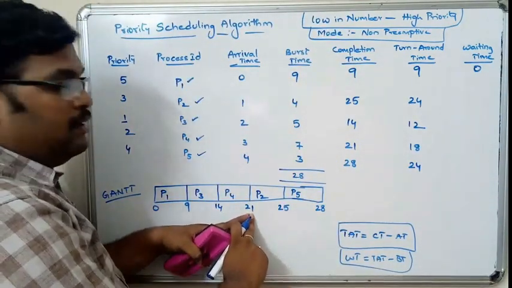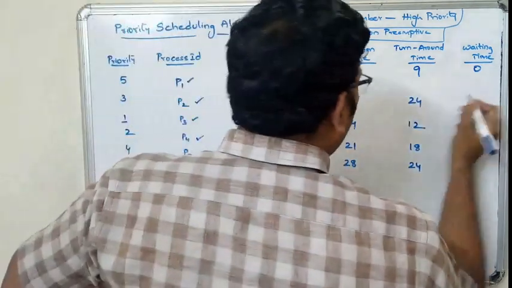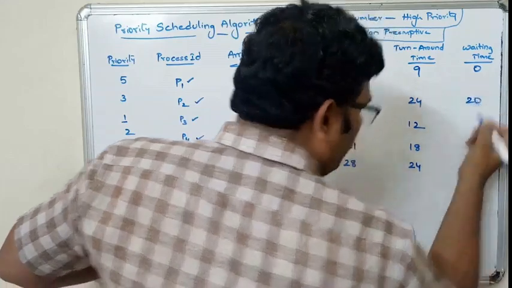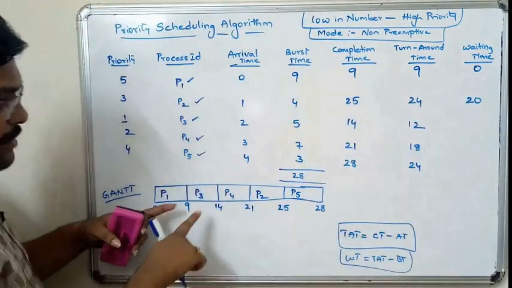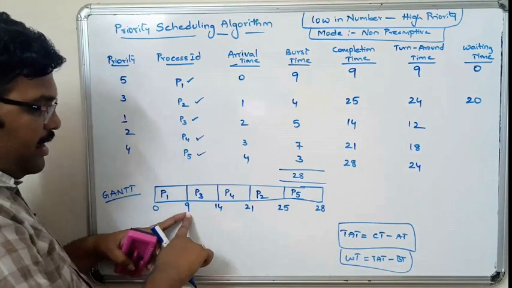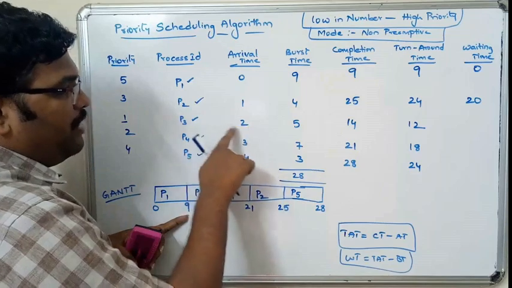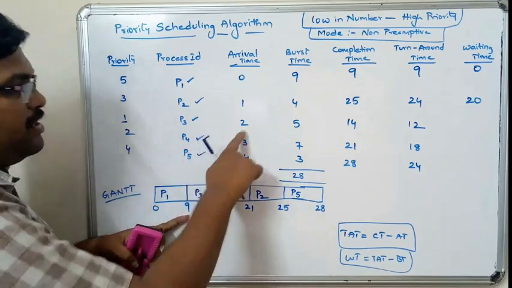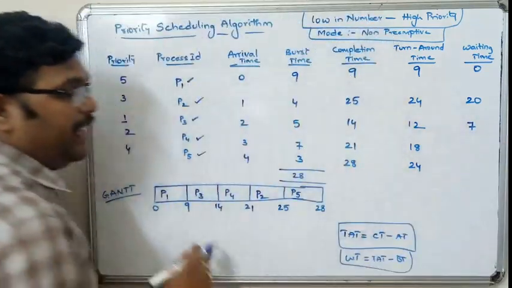P2 is allocated to CPU at 21 and arrived at 1. So 21 minus 1, it's 20. Based upon the formula also you can check, 24 minus 4, it's 20. Next, P3. P3 is allocated to CPU at 9, arrival time is 2. So 9 minus 2, it's 7. 12 minus 5, it's 7.